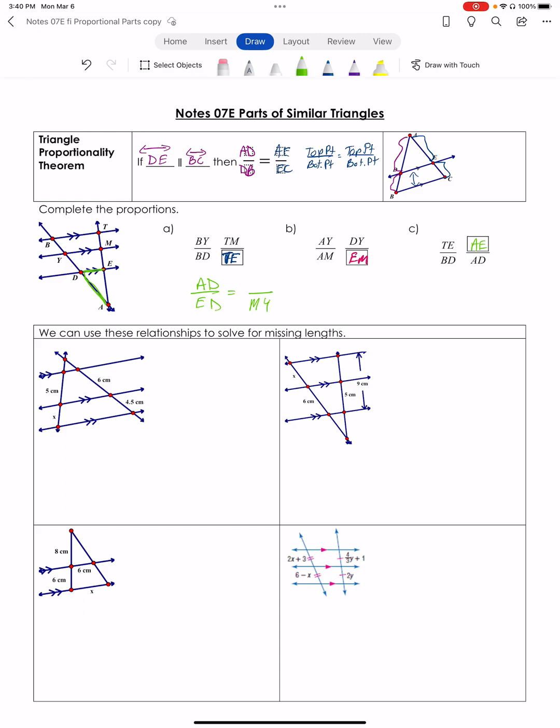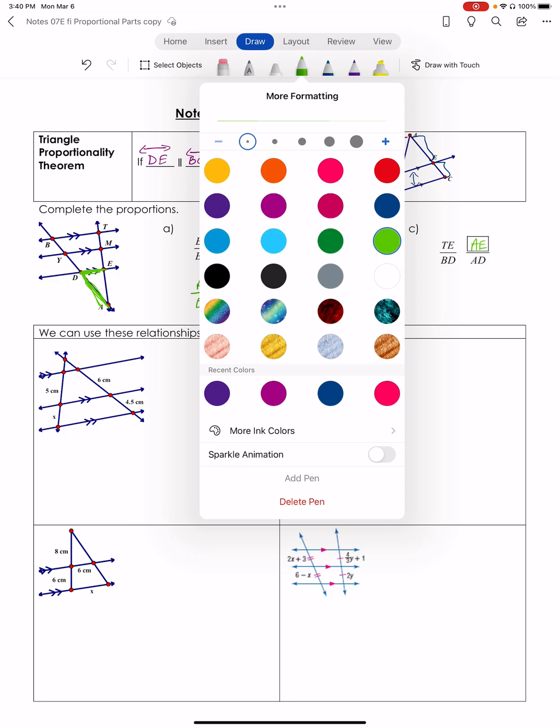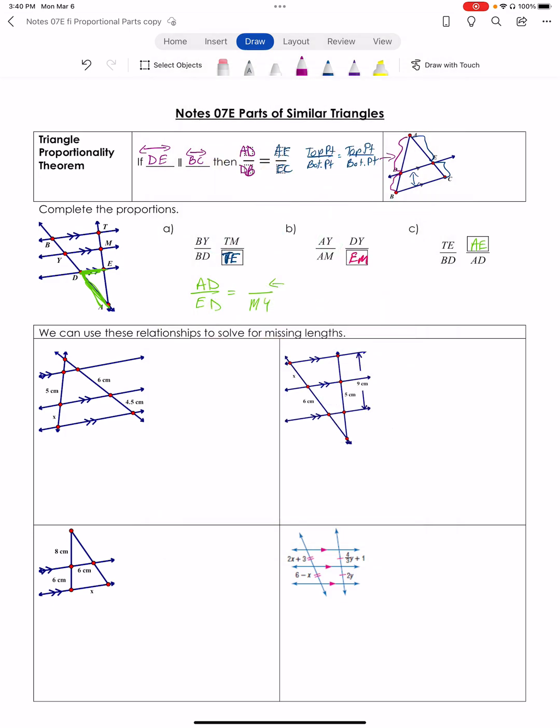Okay, and this is where you have to be really careful what goes here. So this is a whole side. Now this is a whole side, so I'm comparing a whole side to a whole side, versus before when I was doing part, or like this is a whole side, but then this is part, this is whole, and this is part. Well, this is going to be a whole to whole relationship. So when I am talking about MY, what side would correspond to MY? It would be AY. So this is going to be whole over whole. And that's the one thing that students get kind of mixed up in with this. Otherwise, these are pretty easy.